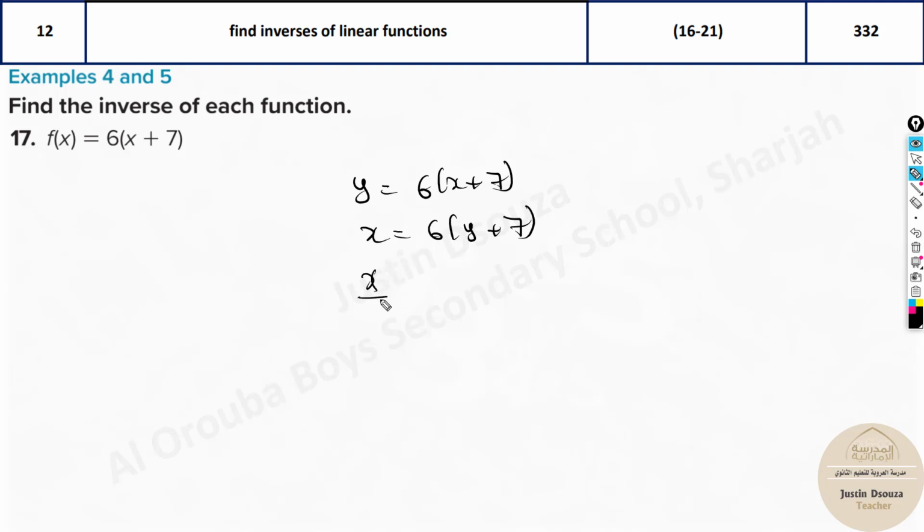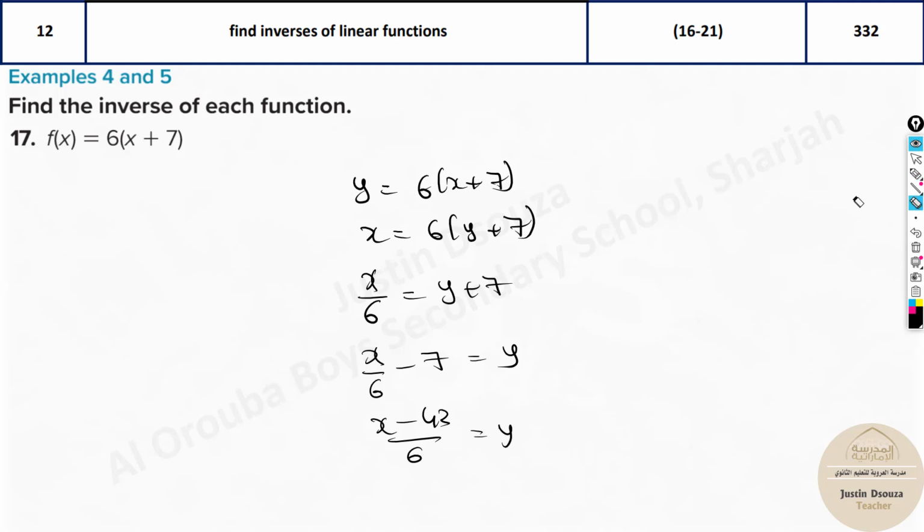If I take the 6 down over here, x over 6 equals y plus 7. Now when 7 goes to the other side, it'll be x over 6 minus 7 equals y. Now you have to take the LCM, so multiply the right side by 6 and divide by 6, which will be x minus 7 times 6 is 42, by 6 equals y. That is f inverse.